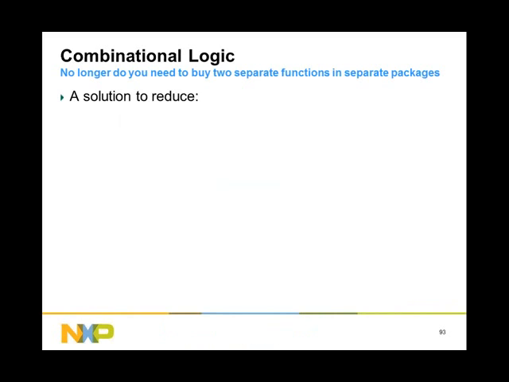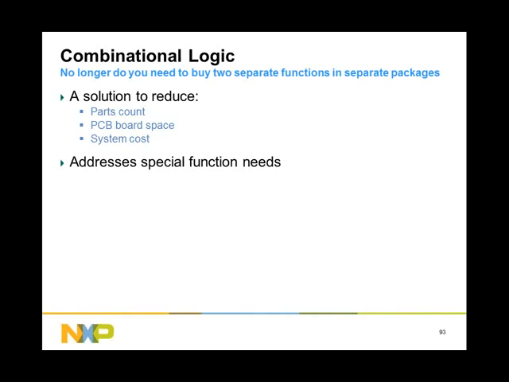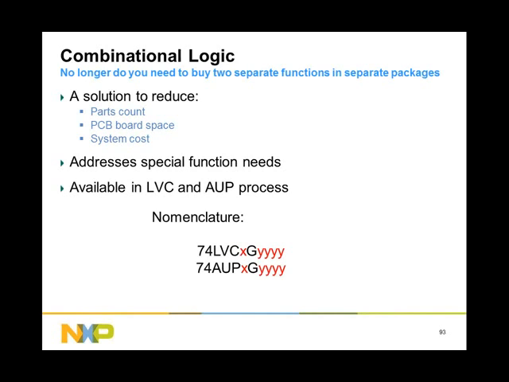Okay, so combination logic is a way to reduce space. We reduce the number of components on a PCB and also reduce system costs. It also addresses special function needs, and it's available both in the LVC and the AUP process.